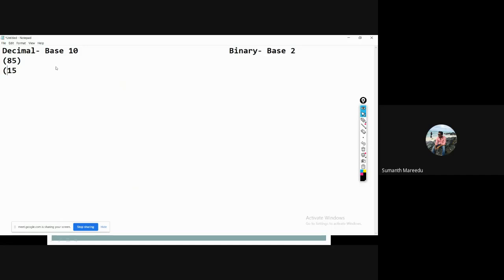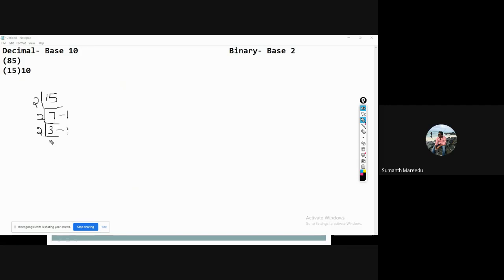Okay, I'll take 15 of base 10. So I have 15, and I'm dividing this 15 with 2. 7 times, remainder is 1. Then 2, 3 times, remainder is 1.